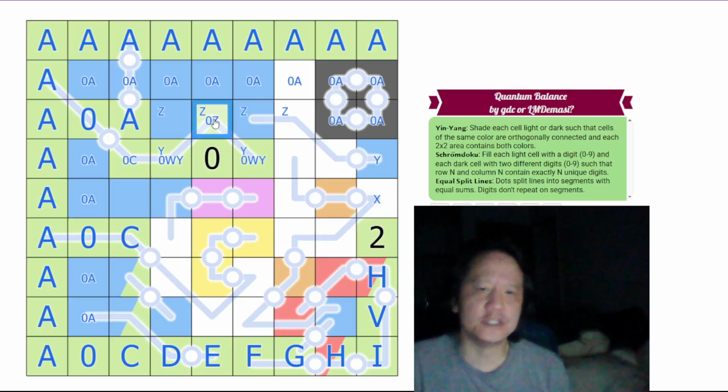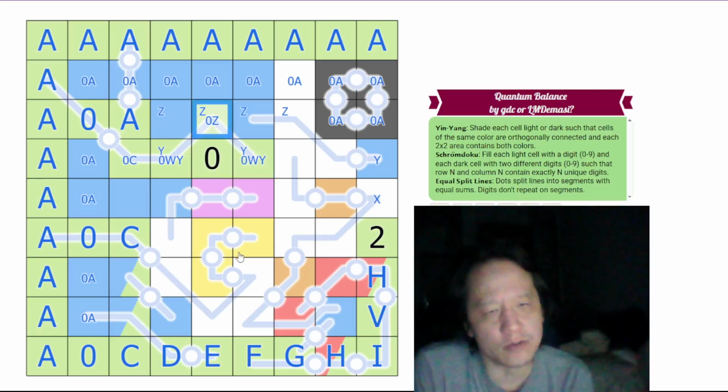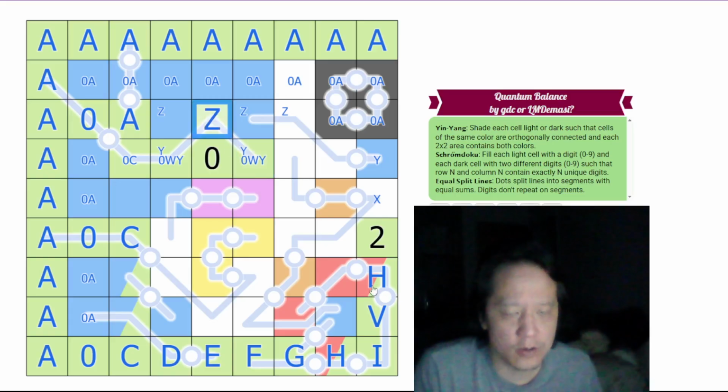So if this is 0, this is C, and one of these is 0. No, it cannot be. Oh. Okay, so this can't be 0. If this is 0, that makes this C. And we'd have A0CWY here. So this has to be Z here.